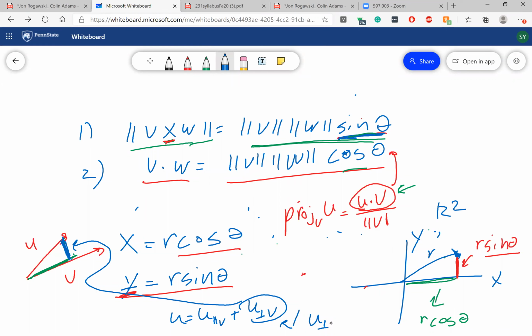Sorry, the orthogonal projection is u minus the projection of u onto v. And this we saw before, this equation. But regarding sine, like I said, it can also be used, and we will see how it's used in a couple of minutes. Okay. Any other questions?